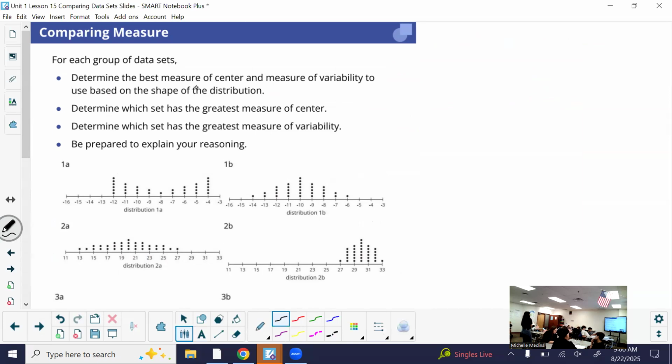For each group, you are going to determine the best measure of center and the best measure of variability to use based on the shape. Then you're going to determine which one has the greatest measure of center and which one has the greatest measure of variability.